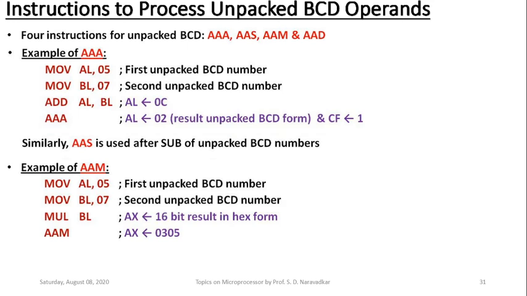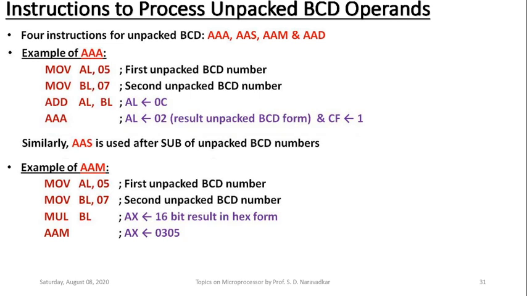I don't want to show that particular result now. Straightaway, what is the result available after AAM, that is written on the right side? The contents of the accumulator will be adjusted to the unpacked result value, which is equal to 0305. It is quite obvious.